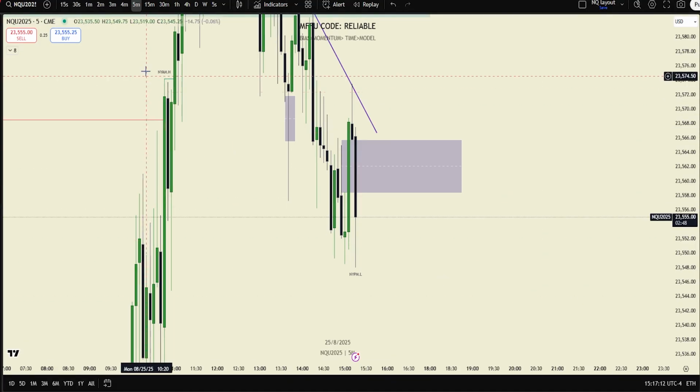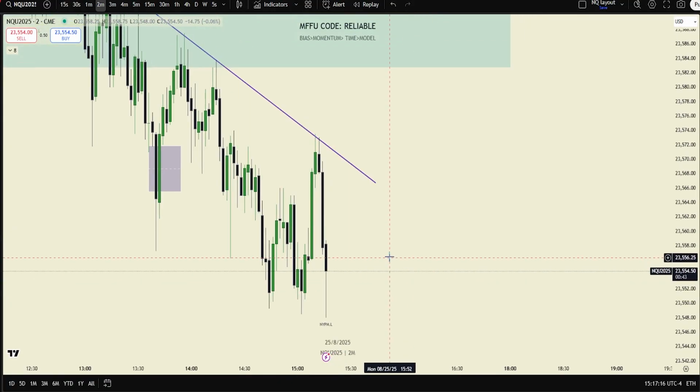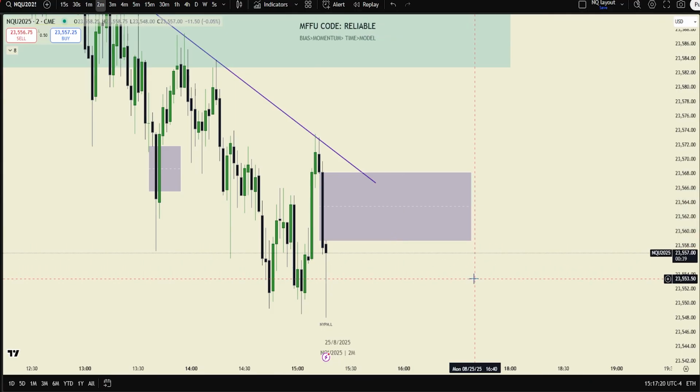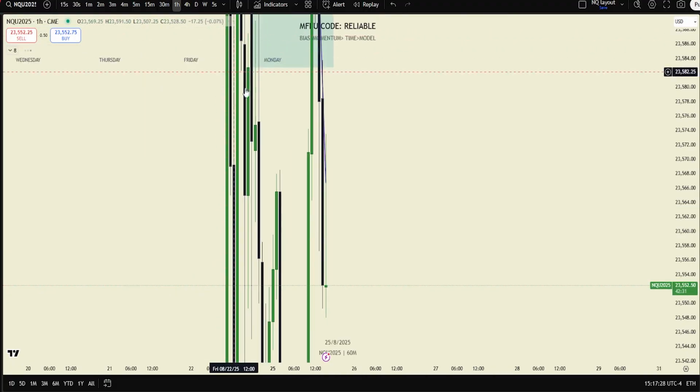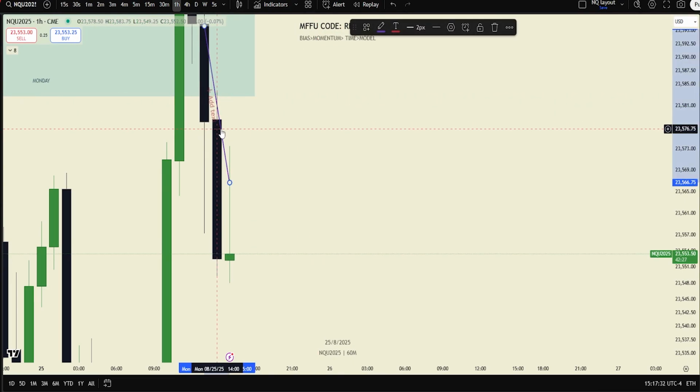Dude, this is like so bad. I guess we might get a 2-minute here. Go previous hourly low to previous hourly high, maybe? Maybe.